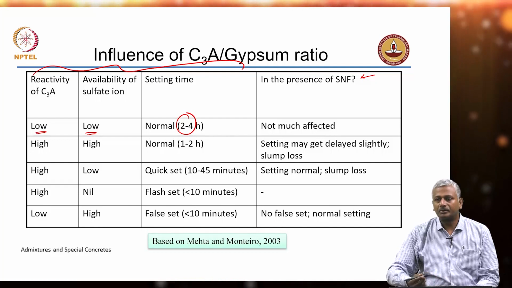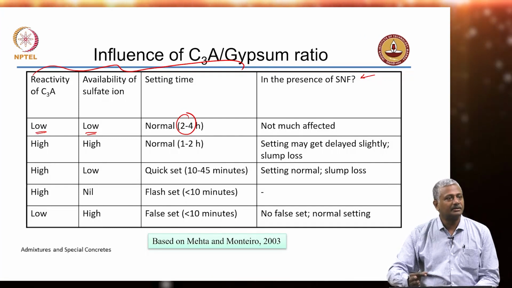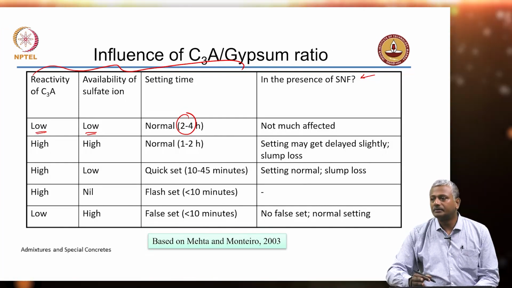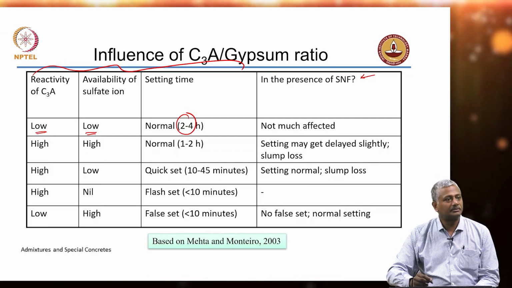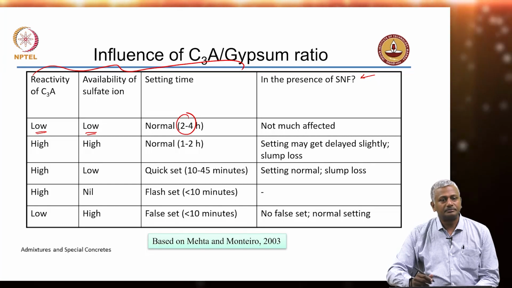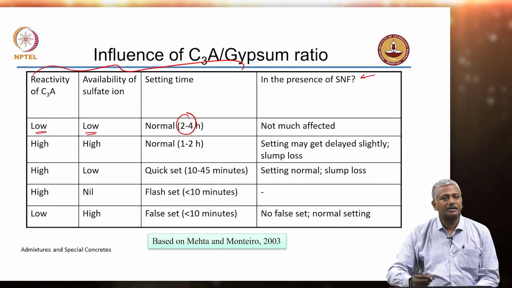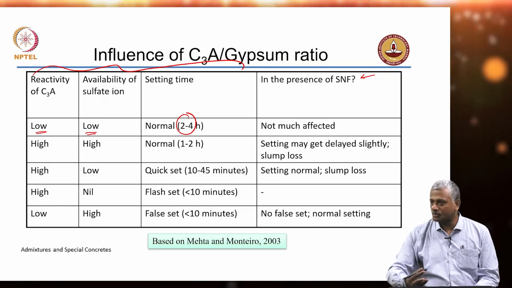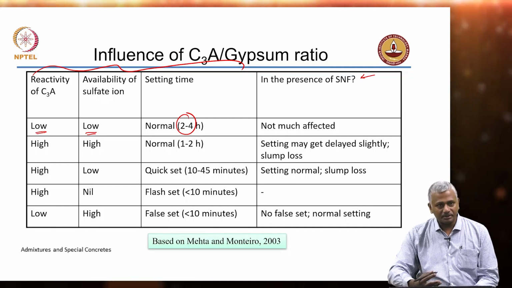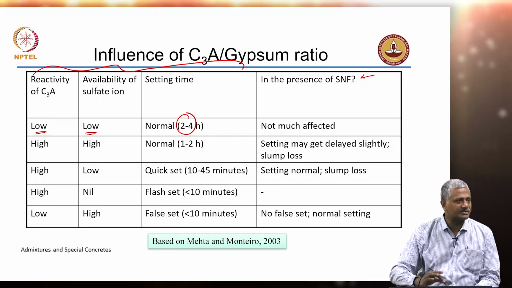What is the set which is retarded, which is not normal? As per the code, 10 hours is the limit placed on initial setting time. Cement should set within 10 hours. So, here you have 2 to 4 hours, it is still a normal set.